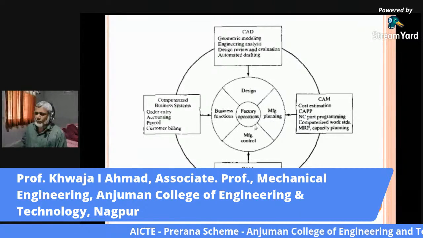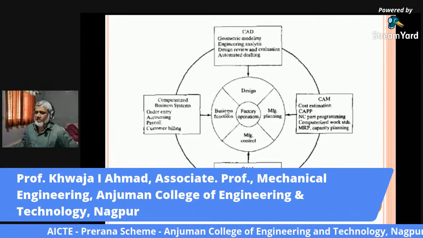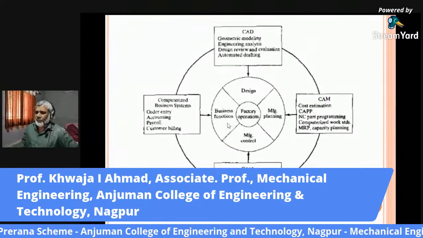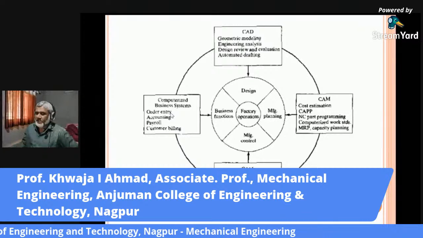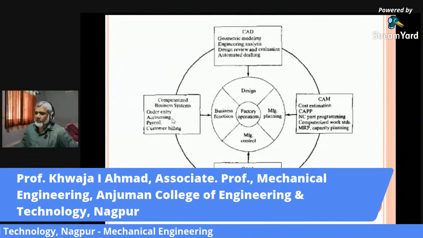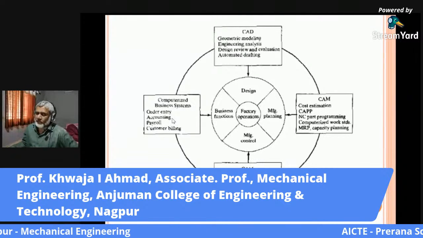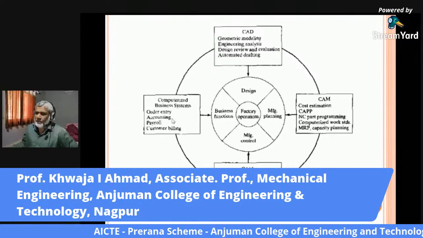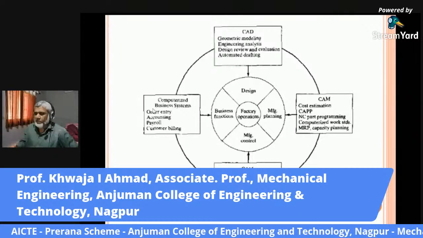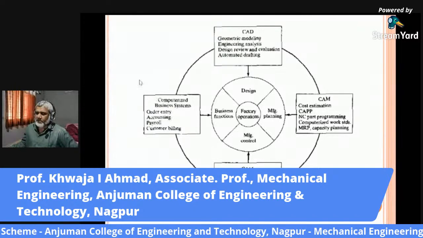And as soon as you add business functions, that is a computerized business system, order entry, whatever order has been received, accounting, what are the various functions of the company where economic activity is taking place, how much amount is being utilized by which particular system and design.